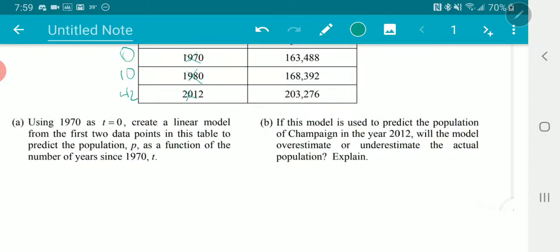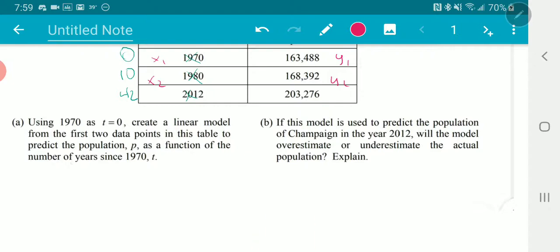So the first thing, the easiest thing that we can do is find my average rate of change, y2 minus y1 over x2 minus x1. I have my y2 here. This is my y1, my x1, my x2, and my y2. So let's go ahead and plug these in.